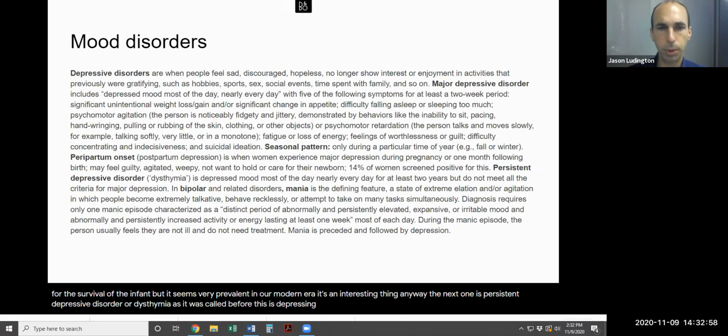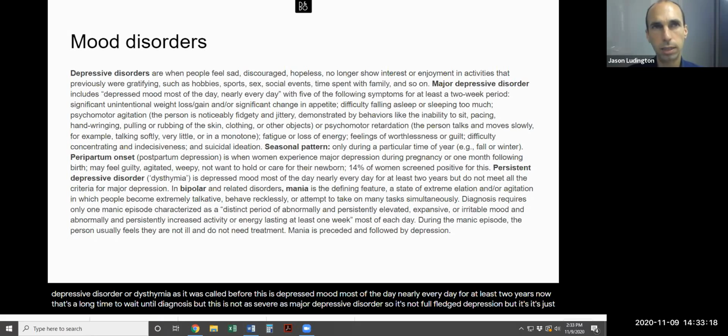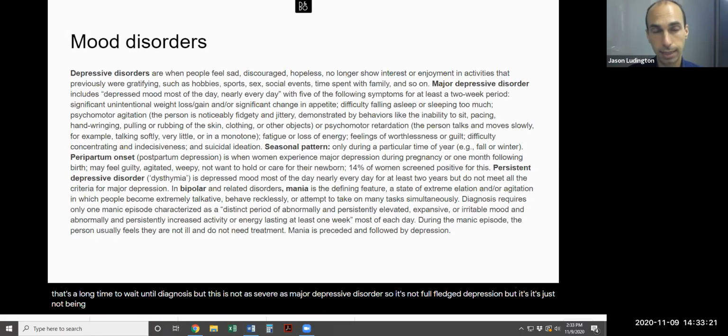Anyway, the next one is persistent depressive disorder, or dysthymia, as it was called before. This is depressed mood most of the day, nearly every day, for at least 2 years. Now, that's a long time to wait until diagnosis, but this is not as severe as major depressive disorder. So it's not full-fledged depression, but it's just not being as happy as normal, not being at the normal level emotionally, and it seems permanent.